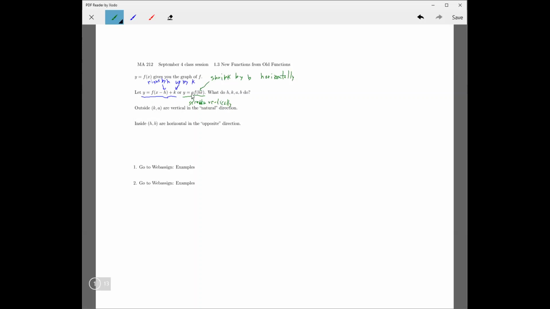Okay, if a is greater than 1, then it's going to stretch it. If a is between 0 and 1, then it's going to shrink it. And they're in the vertical direction. Okay, and the inside stuff, like the h and the b, their effect is horizontal, and it's kind of in the opposite direction. Okay, so b shrinks it instead, and so on.